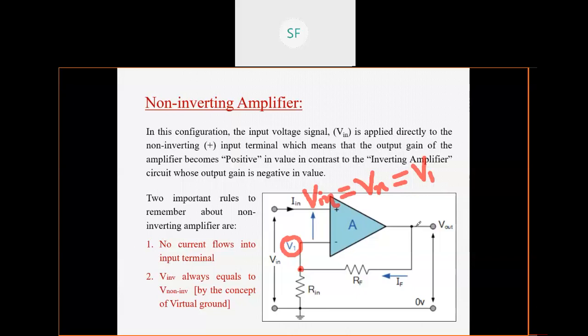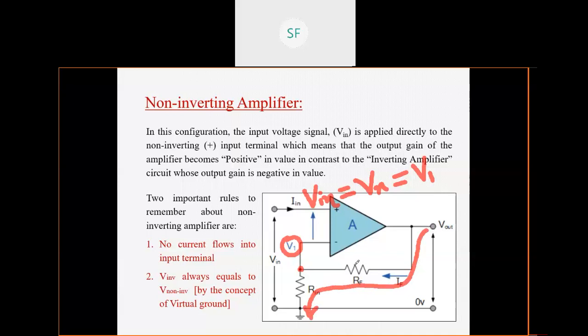Again, you can observe here that the current IF is flowing from positive potential to negative ground. Ground is generally 0 volt. So current is flowing like this. The feedback current IF is flowing through the feedback resistor as well as R in. Now suppose I take this particular voltage divider circuit. I have only considered this particular loop.